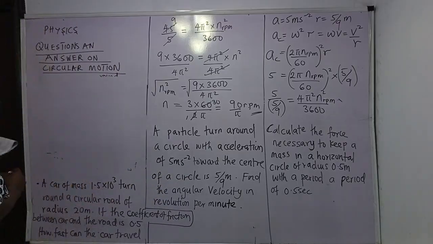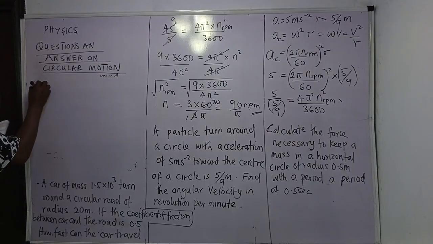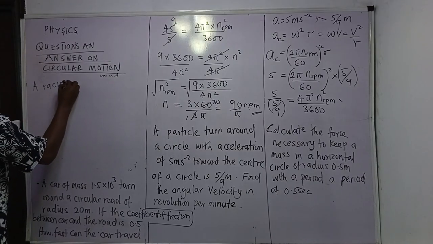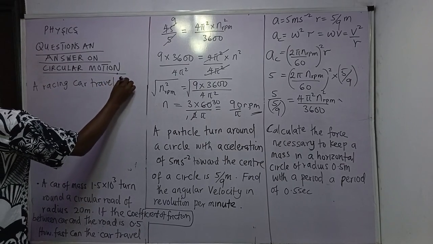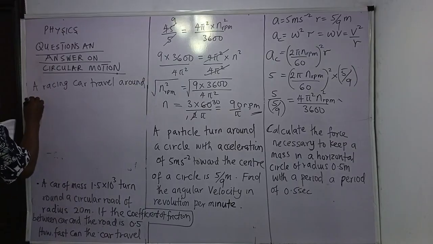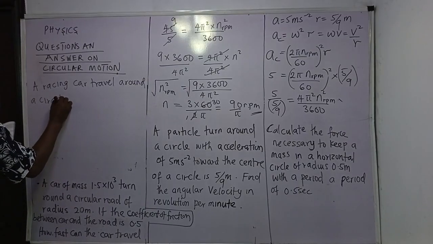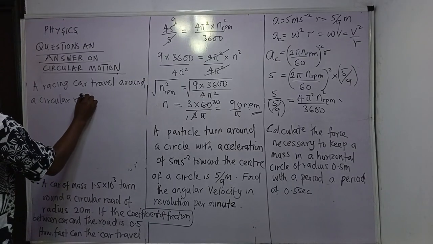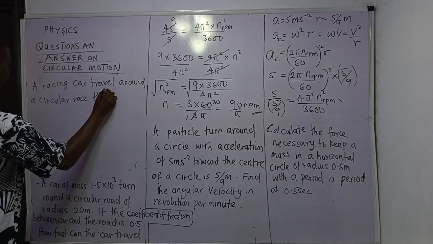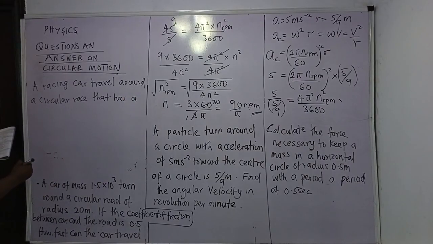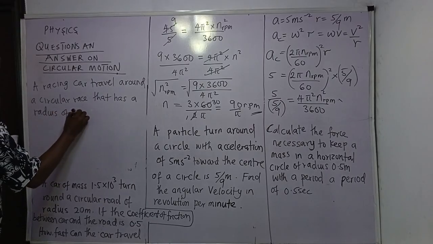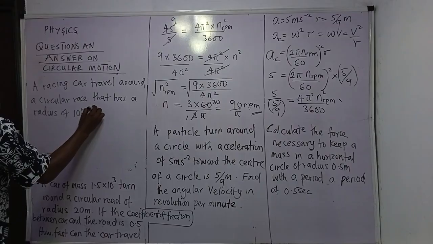Let's see this one. He said a racing car travels around a circular race track that has a radius of 100 meters.